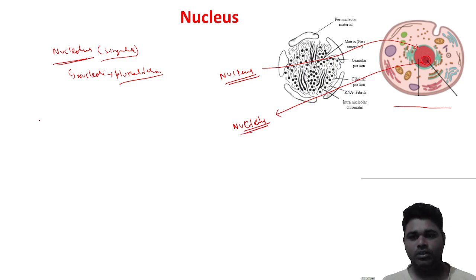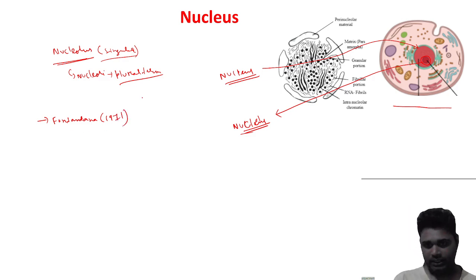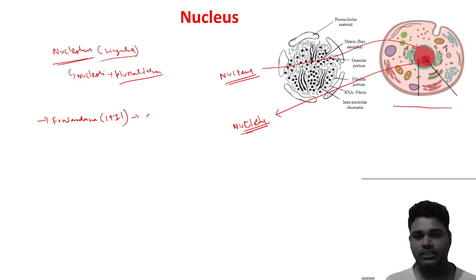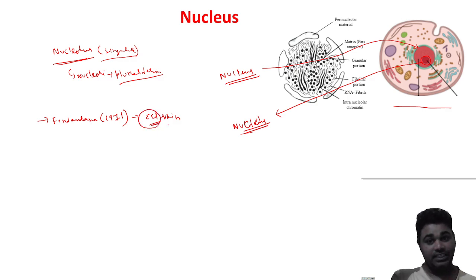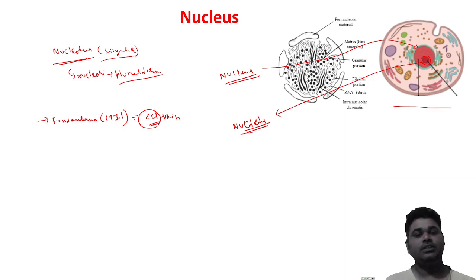So the nucleolus was discovered by Fontana in 1971, and he discovered it in eel skin. Eel is a fish. So in the eel skin, Fontana discovered the nucleolus.